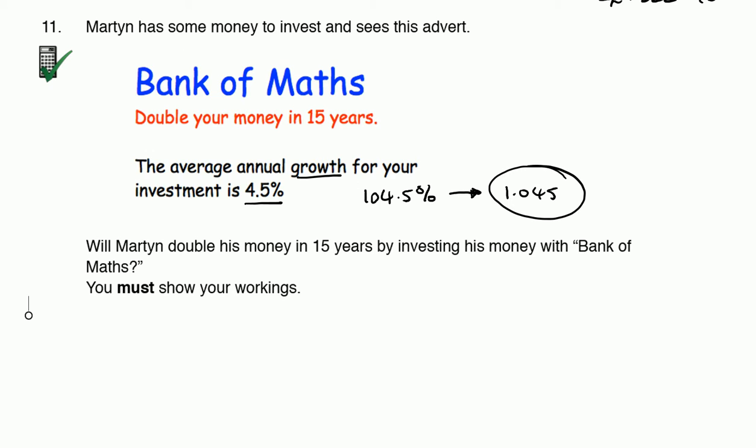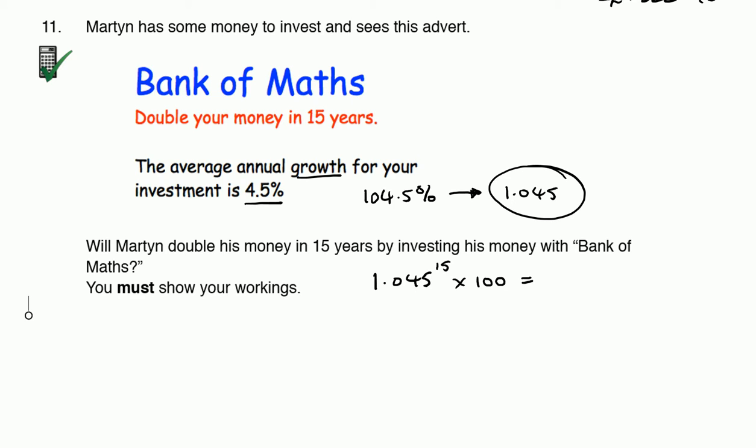So I'm going to say I want 1.045, which is 104.5%, which is a 4.5% increase or growth. I'm going to get that 15 times because this is compound interest. And I'm going to apply that to £100 to see what happens.